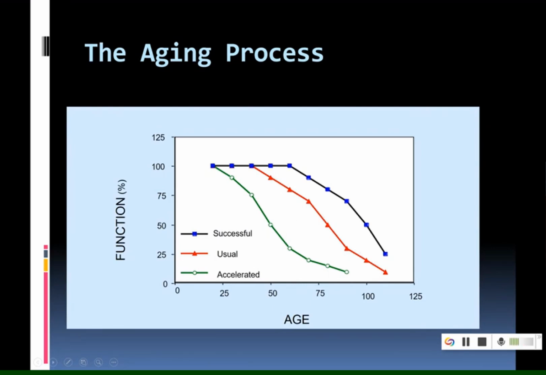Some people, such as diabetics, maybe alcoholics, maybe substance abusers, will have an accelerated loss of function. Conversely, people who are successful agers have a slower onset and amount of functional disability. So basically we want to move the curve here from red to blue. That's one of our goals. And certainly through behavioral and lifestyle interventions, try to move this green curve over to the red curve.